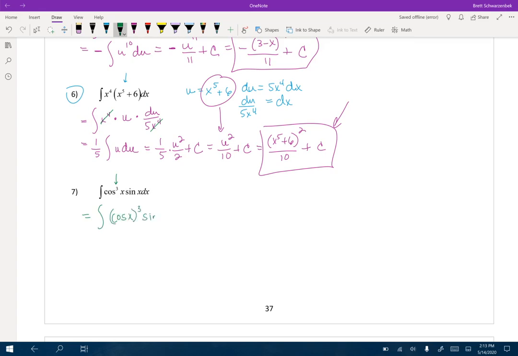For example, cosine cubed x is the same as cosine x quantity cubed. Why is it very nice to rewrite that? Because it gives you insight into what the ideal inner function is going to be for this problem, and that is going to be cosine x.